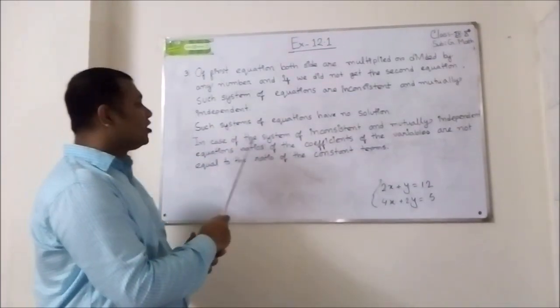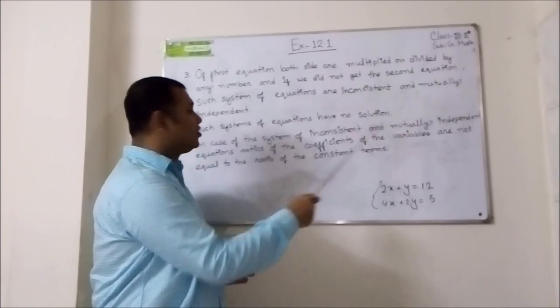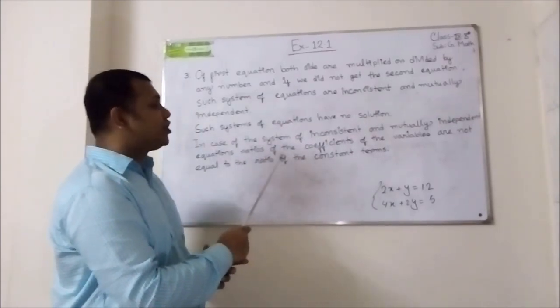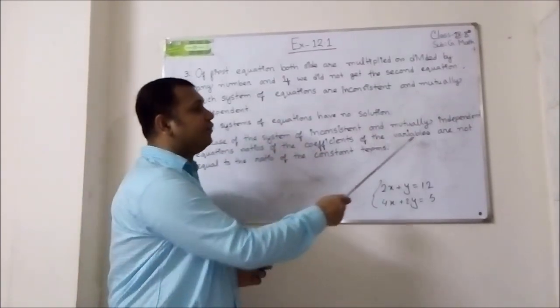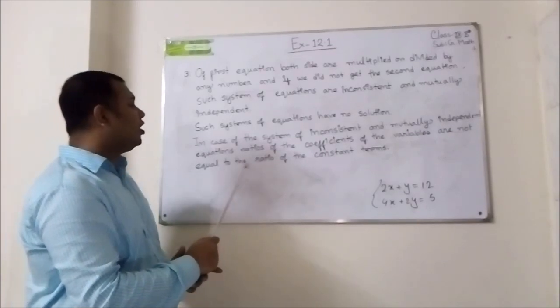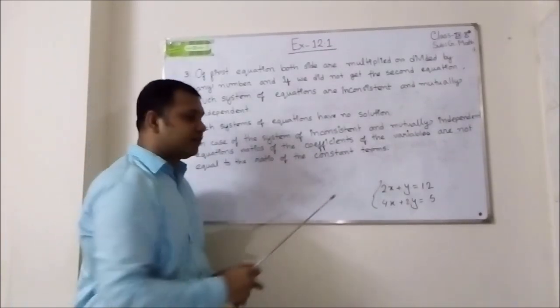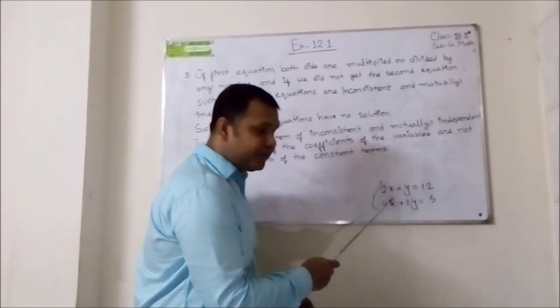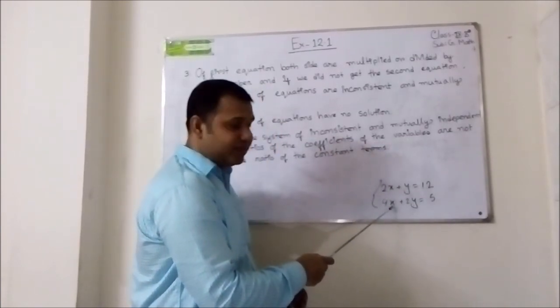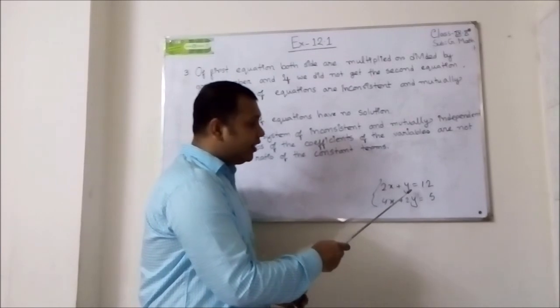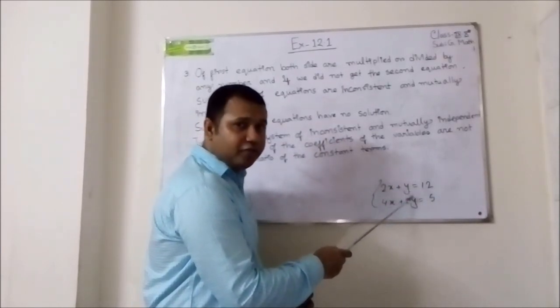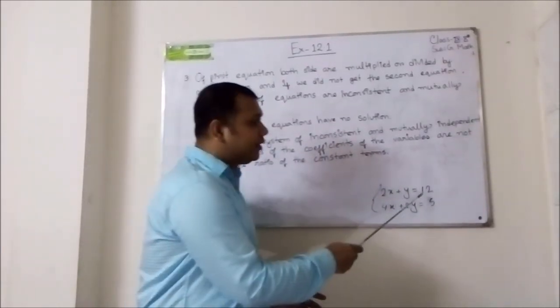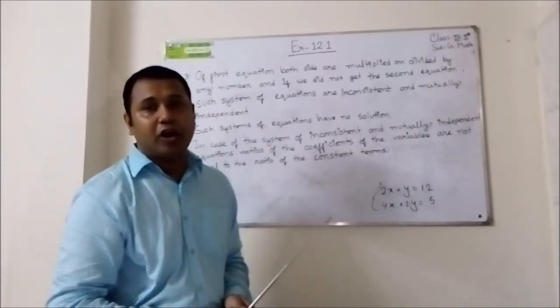In the case of inconsistent and mutually independent equations, the ratio of the coefficients of the variables is not equal to the ratio of the constant terms. That means the ratio of the coefficients of x and the ratio of the coefficients of y will be equal, but the ratio of the constant terms will not be equal.